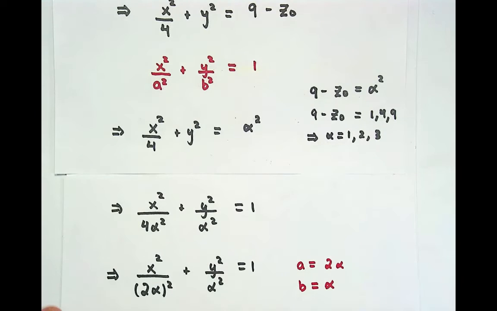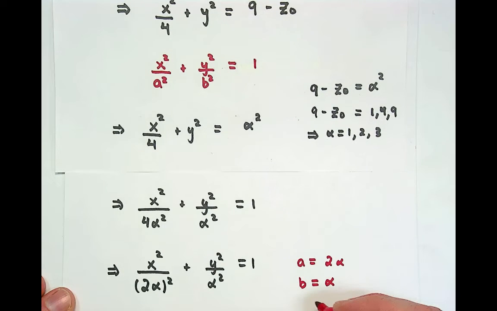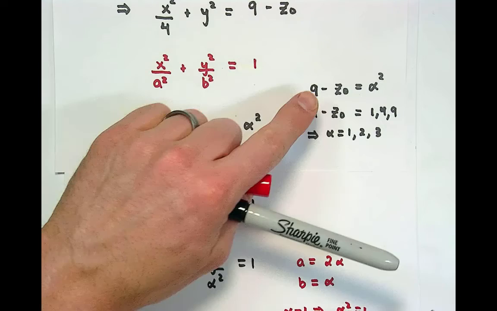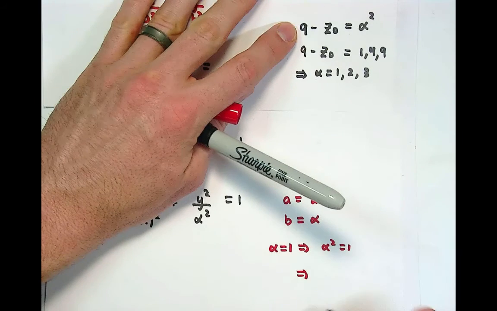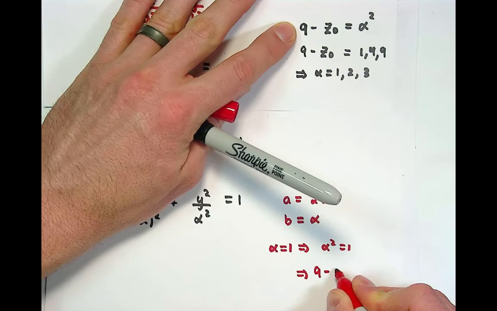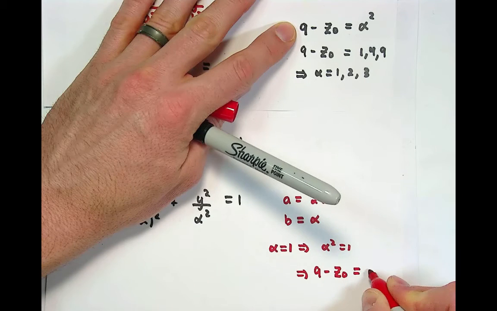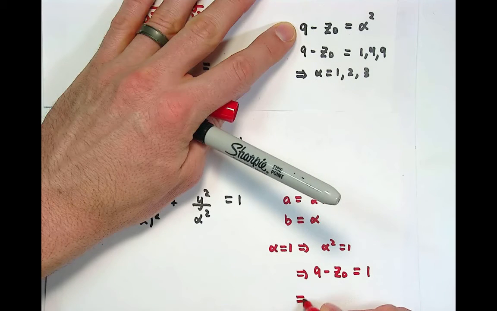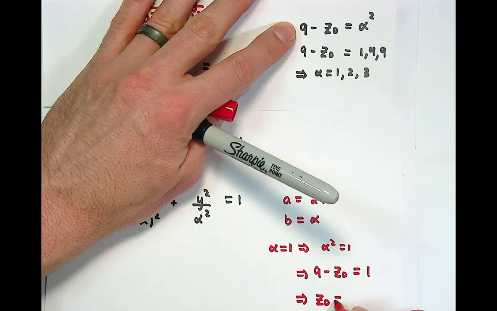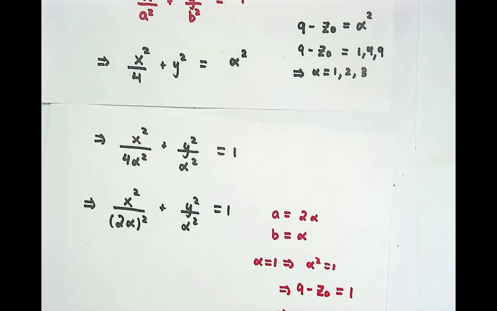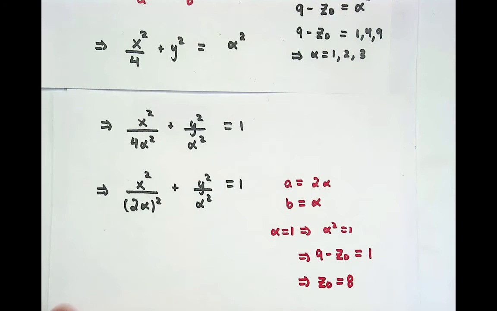So let's go ahead and just run through the values of alpha. Let's start with the least interesting value, alpha equal 1, which would mean alpha squared equal 1, which would mean what? Well, we just said that we've assumed 9 minus z naught is equal to alpha squared, and this would mean z naught is equal to 8. Okay?